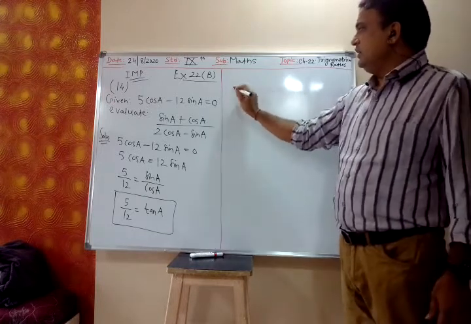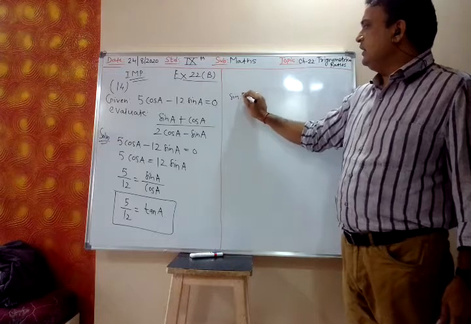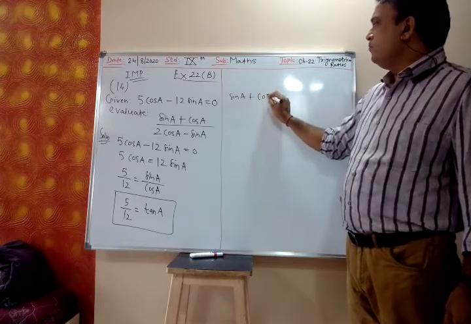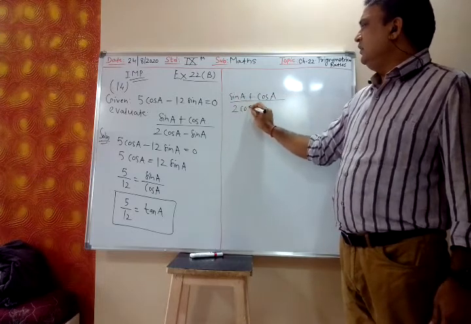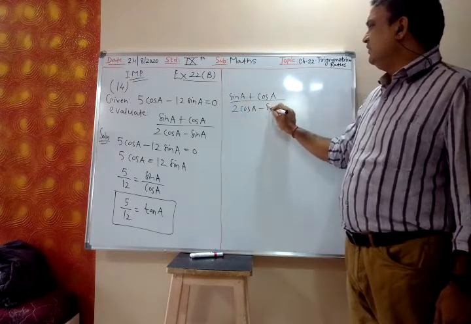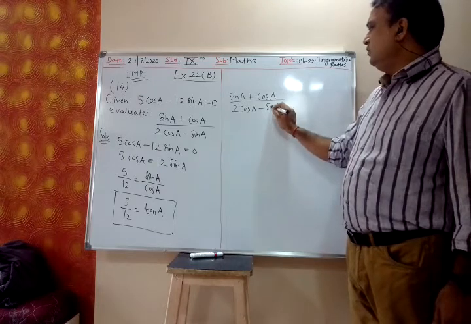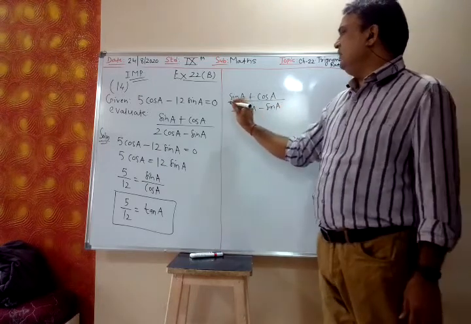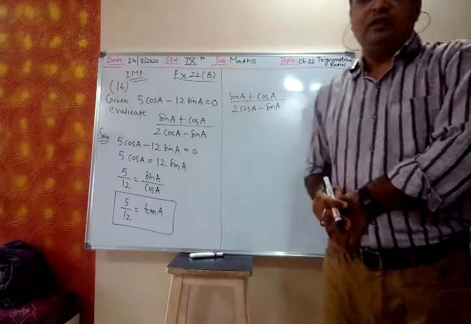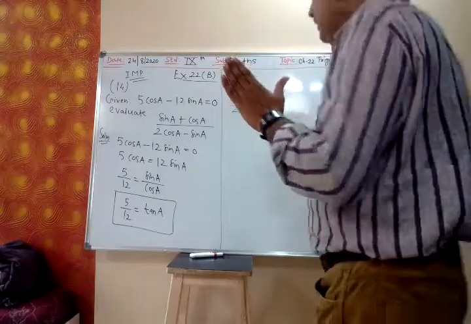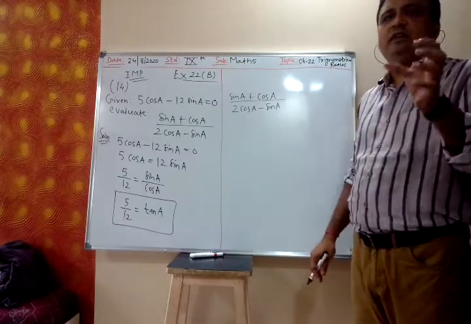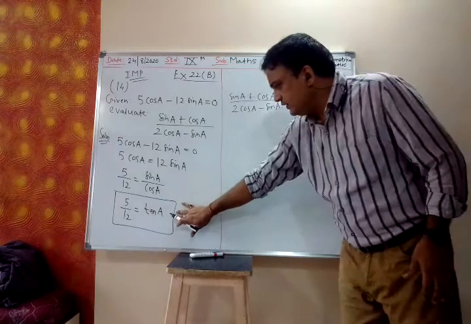Now let us evaluate sin A plus cos A upon 2 cos A minus sin A. One method is using the Pythagoras theorem, which you will use from this step onwards.